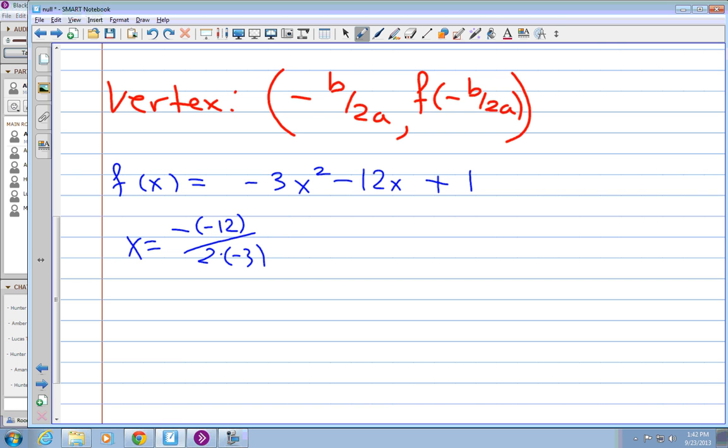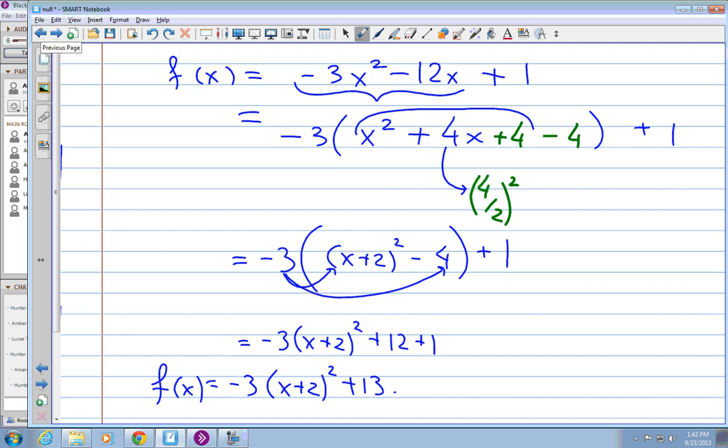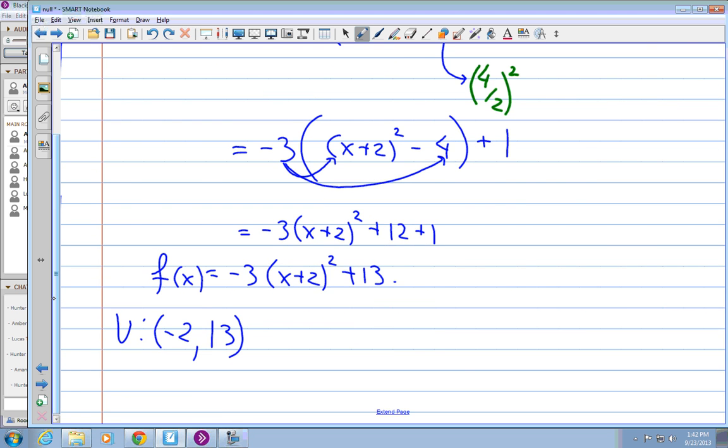Negative b over 2a. Do you agree with that? Which is positive 12 over negative 6, which is negative 2. Wasn't that the x location of our vertex when we did it by completing the square? Yeah, you see we have negative 2. So we found the x value.